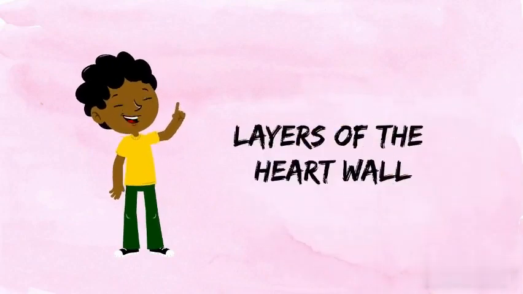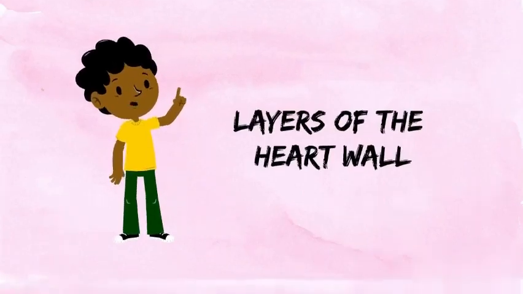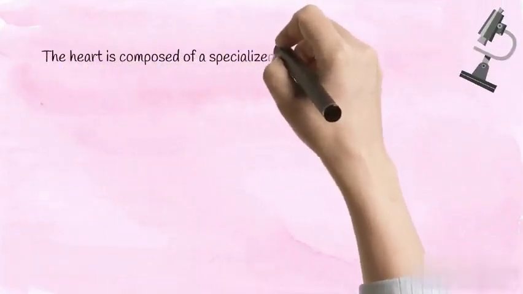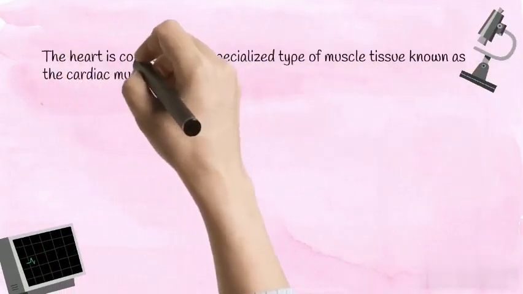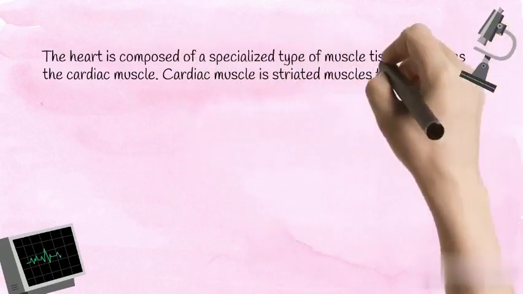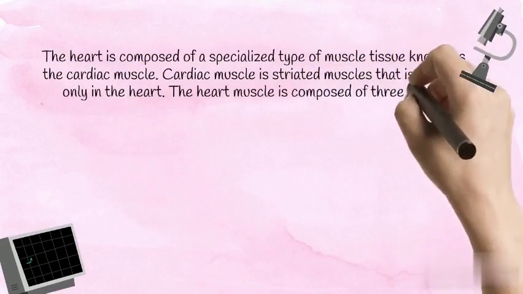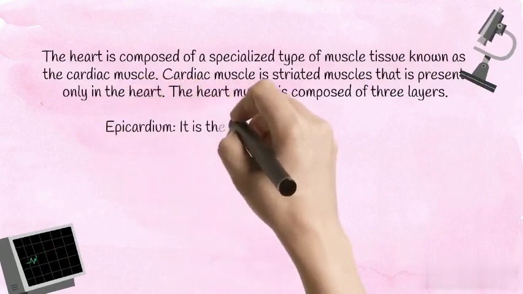Now let us learn about the layers of the heart wall. The heart is composed of a specialized type of muscle tissue known as the cardiac muscle. Cardiac muscle is a striated muscle that is present only in the heart.